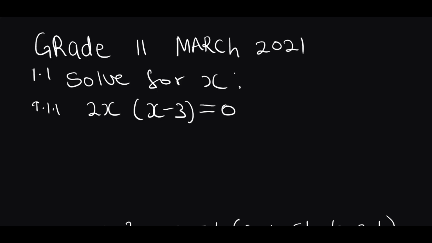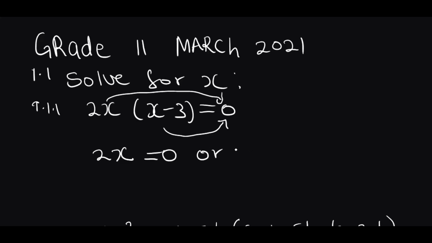In order to solve for x here, you need to equate this 2x to 0 and also whatever is inside brackets to 0, meaning we will have 2x = 0 or x - 3 = 0.